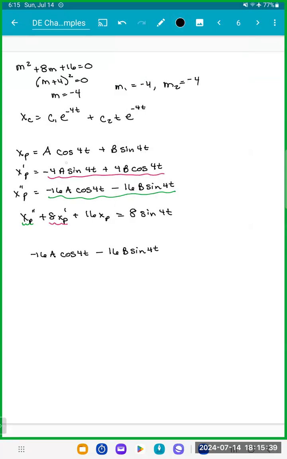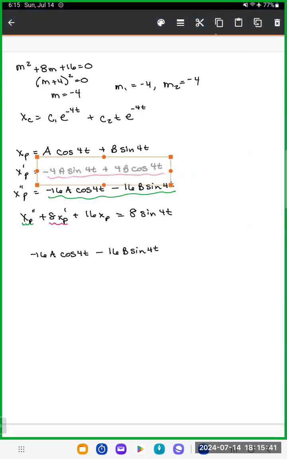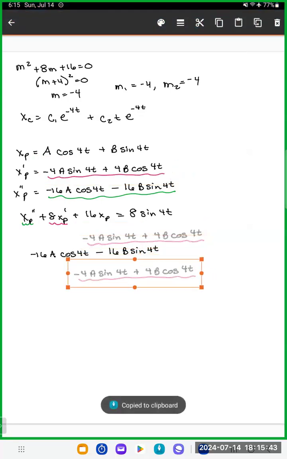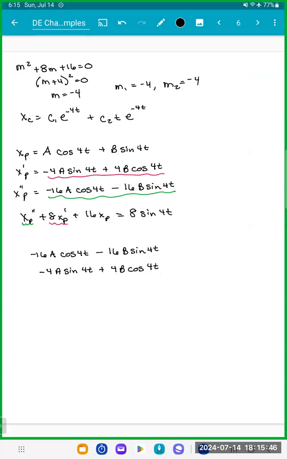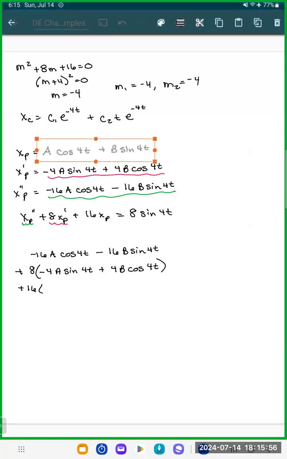Copy and paste. Plus 8 times that second one. Plus 16 times the first one.